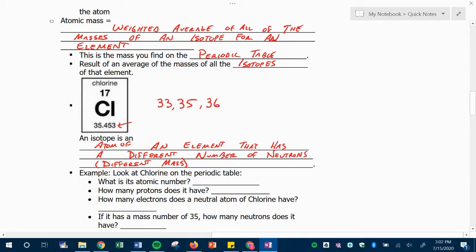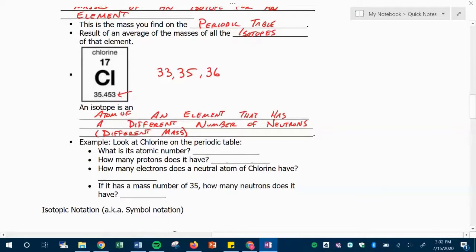That's essentially how they use those three different isotope masses and then calculate the atomic mass. So let's look a little bit more at chlorine here. As we're looking at chlorine on the periodic table, we've got a couple of questions.